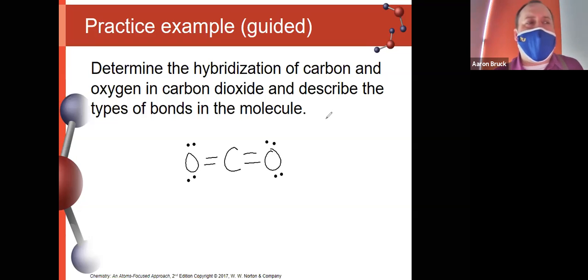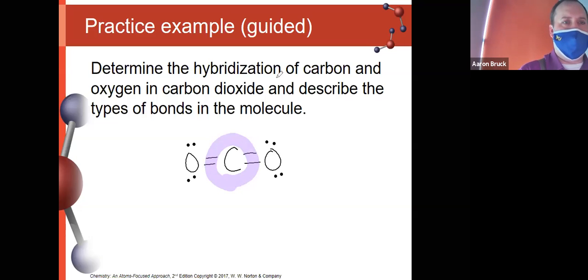Now, to evaluate the hybridization on any atom in any molecule, all that you have to do is count its steric number. So on the carbon, the steric number is 2. It has 2 bonding groups and no lone pairs. It is sp.